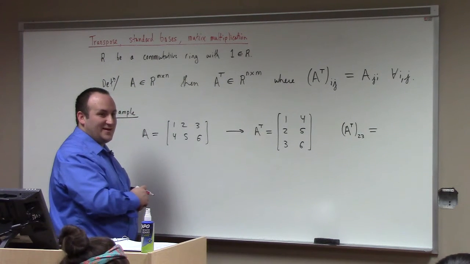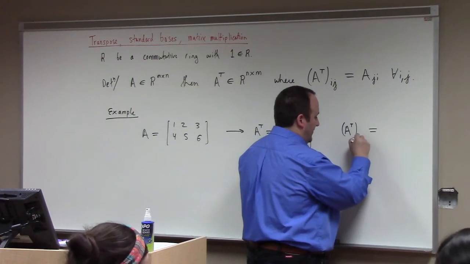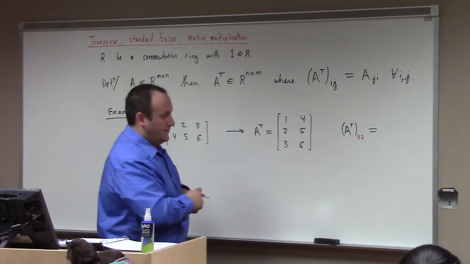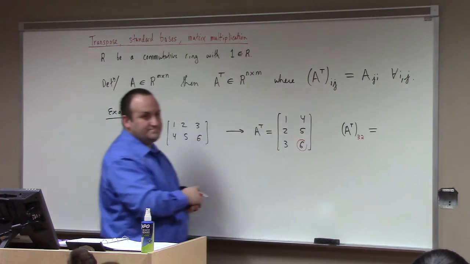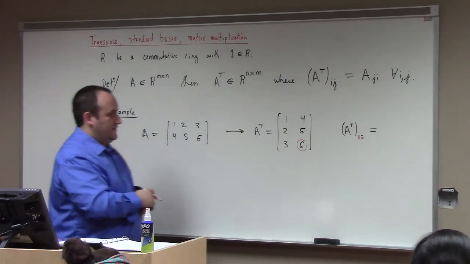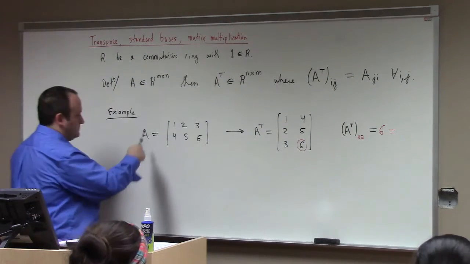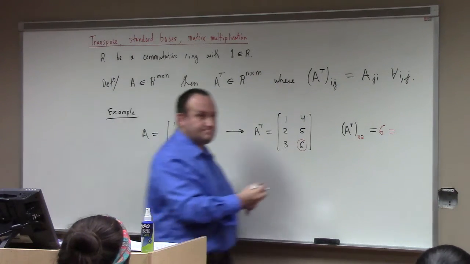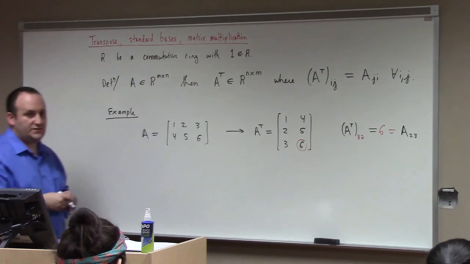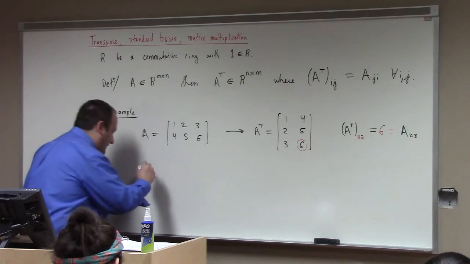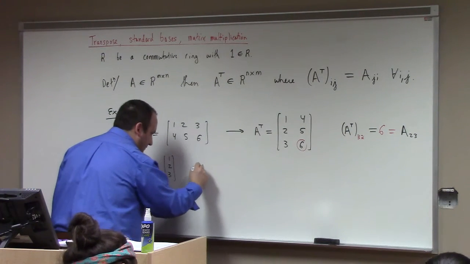There's not a third column in the second row, is there? That's not even something I can do. How about 3, 2? We could do that, right? Because then that's the third row, the second column. So this is the 3, 2 spot, right? That's equal to 6, which of course is also equal to what? A2,3, right?